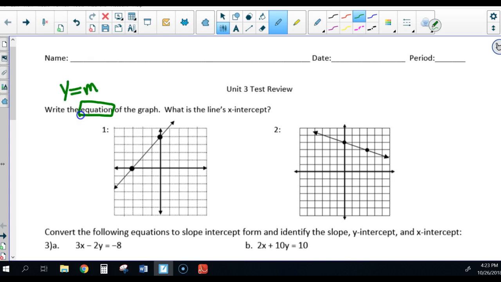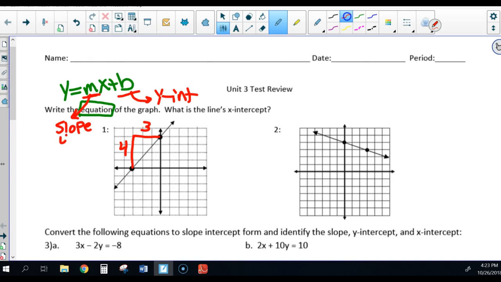Slope-intercept form is going to be y equals mx plus b. You need to know that m is your slope, b is your y-intercept. So we have to find our slope first. That is rise over run. Start with the left point, go up 4, over 3.